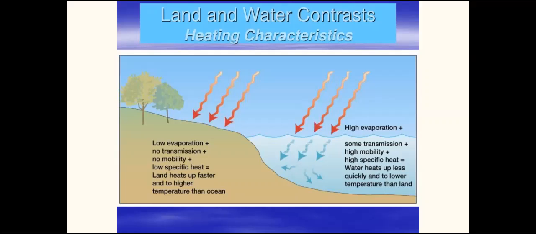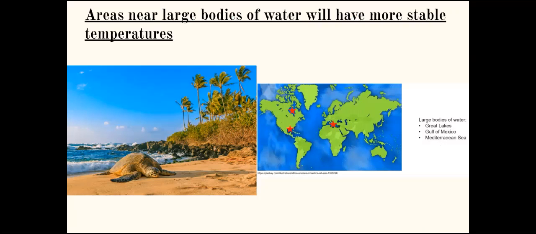And what this does is it makes areas that are nearby water more stable in temperature. So areas near large bodies of water will have a more stable temperature. Areas that are next to the Great Lakes, the Gulf of Mexico, the seas, they're going to have more stable climates, meaning that the temperatures will be generally similar throughout the year.